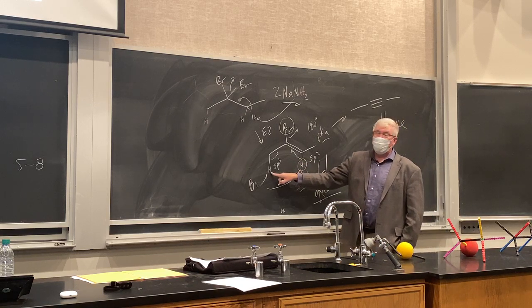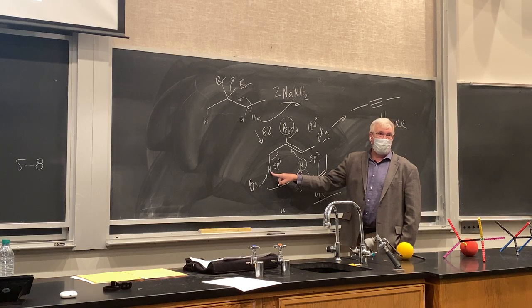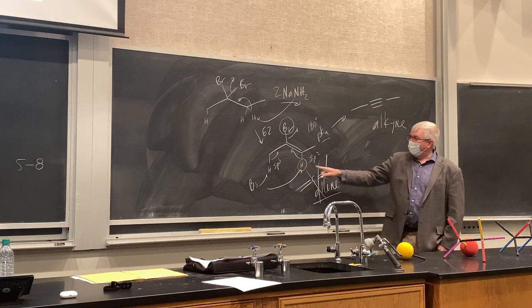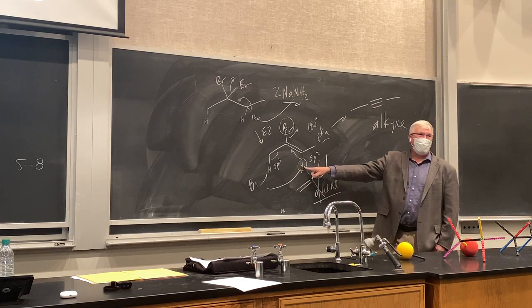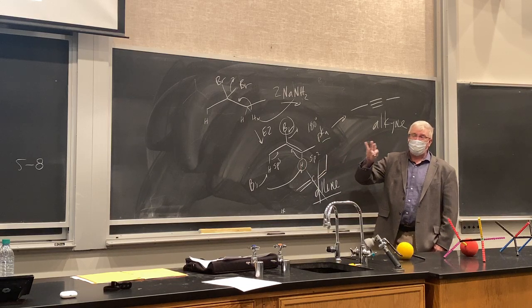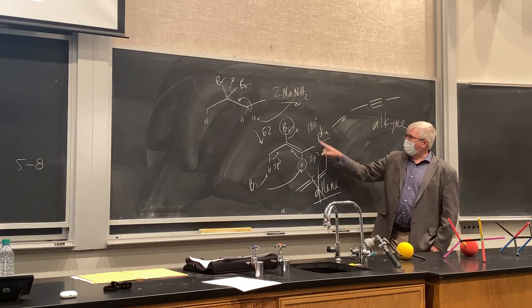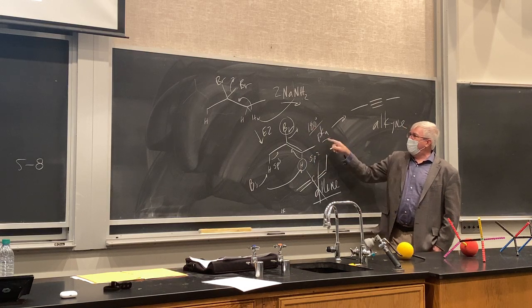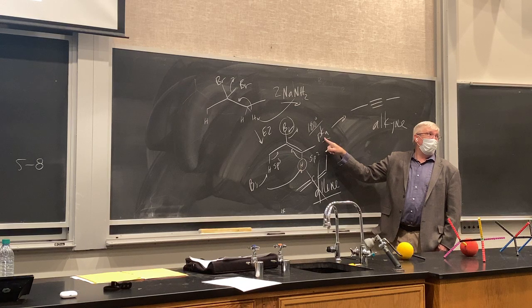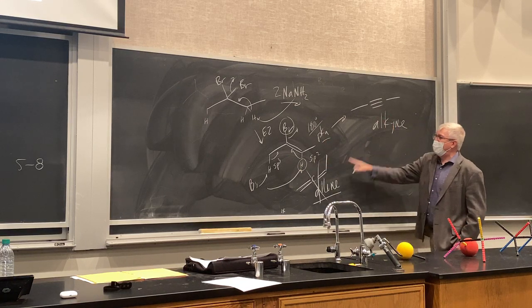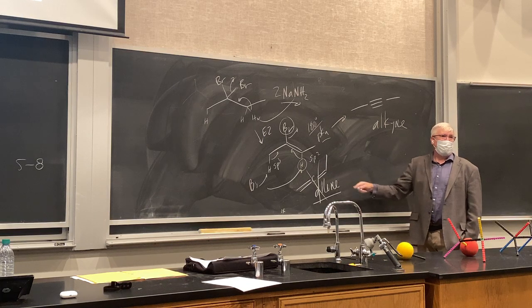The pKa here of an alkyl sp3 hydrogen is about 50. So which one's more acidic? It's this one, okay? Even though it has a stronger bond by bond dissociation energy, which is a homolytic thing reflecting the radical stability. Here we're using a base, so it's locked at 180, and the pKa is a little bit lower. So that's why we favor this and give the alkyne and not the allene, okay?